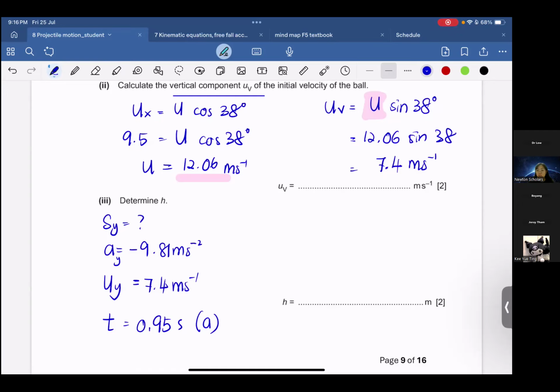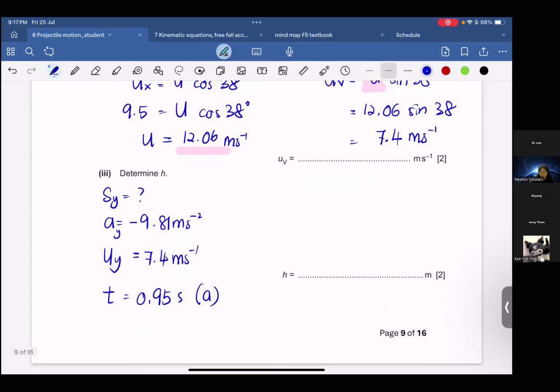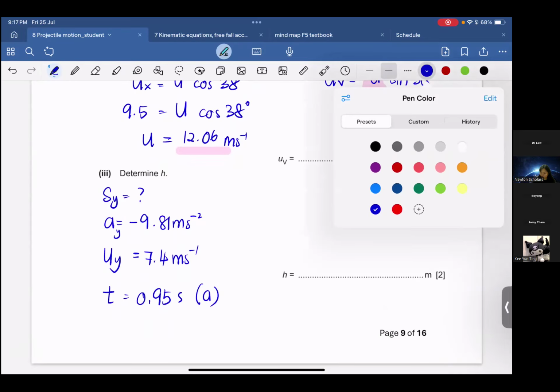Correct. Others, are you able to get the answer? We're talking about H being vertical, so we get all the information about the vertical one. Yes, Junho, thank you. Okay, good job. You guys did a good job.